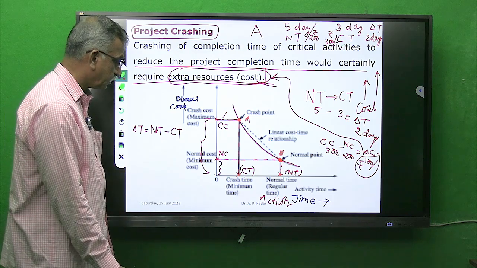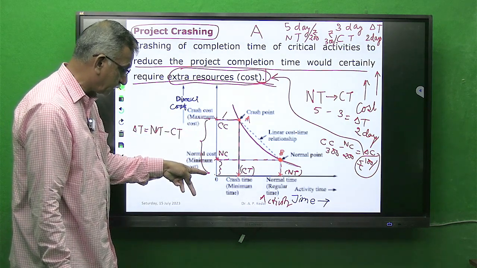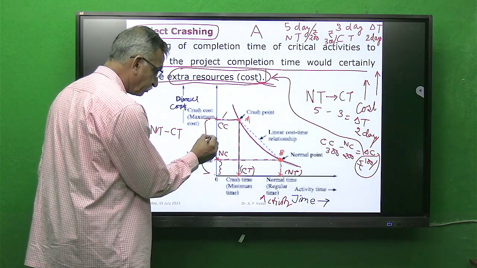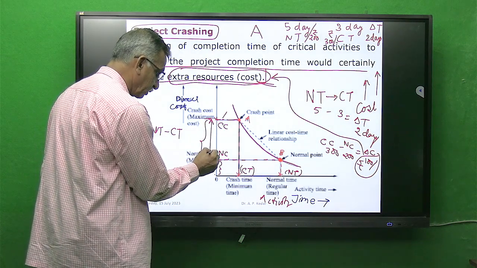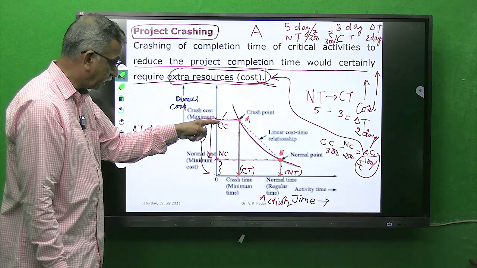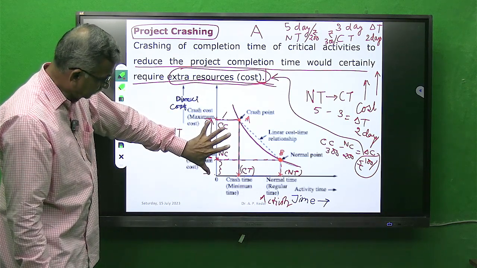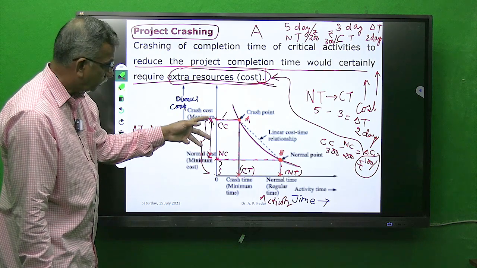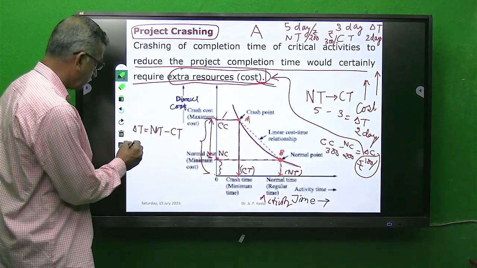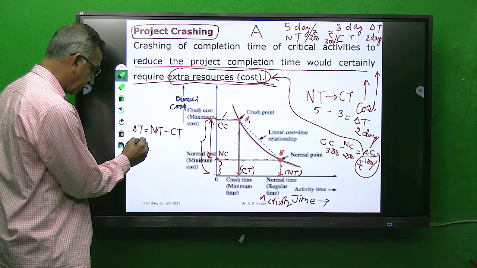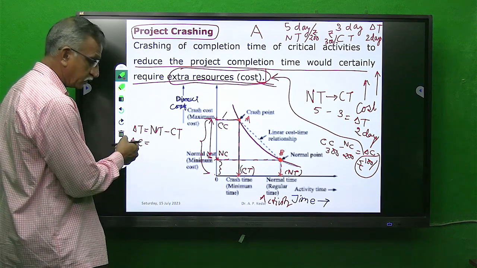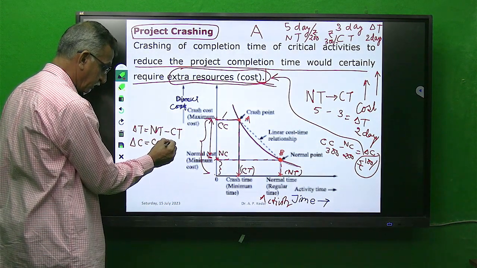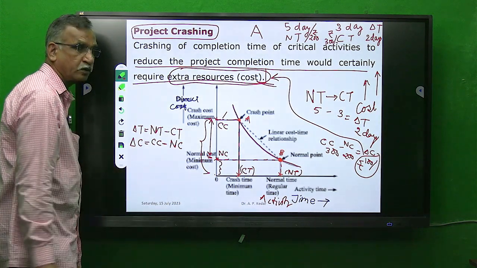The increase is obtained by taking the difference of CC from NC, so CC minus NC. So we get delta C, the difference in cost, is equal to crash cost minus normal cost.